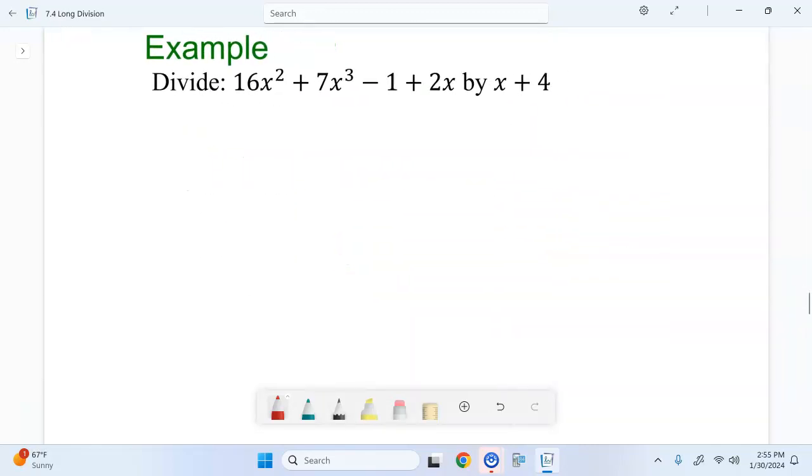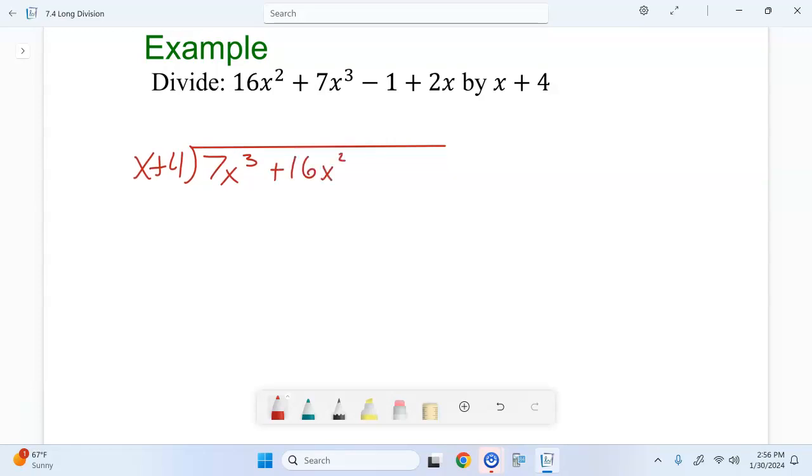All right, what's going on the outside? What goes on the inside? No, 2x. It's the same process, but we have an extra degree.